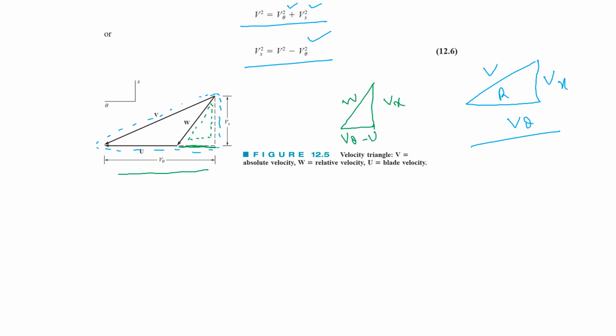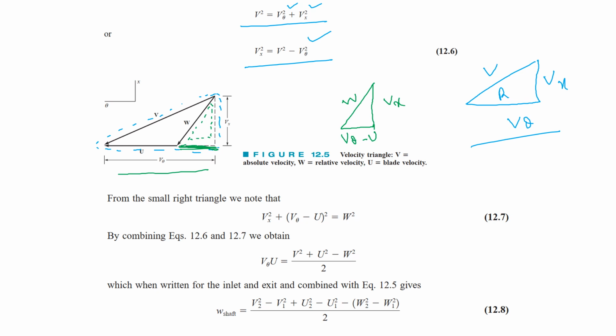So this is what we get for this side. Writing equations for it, by applying Pythagoras theorem to this small triangle, we can say that W square is equal to Vx square plus (V theta minus U) whole square.